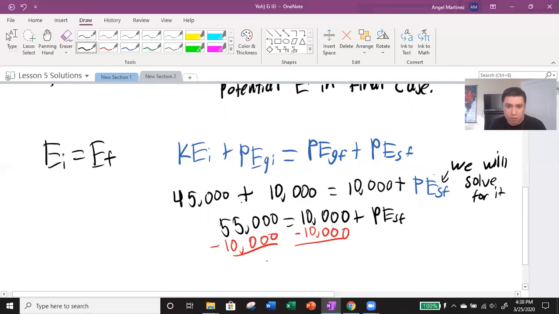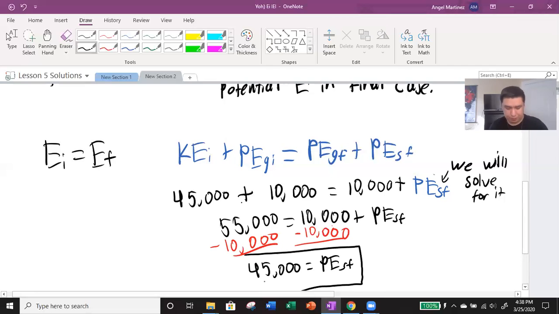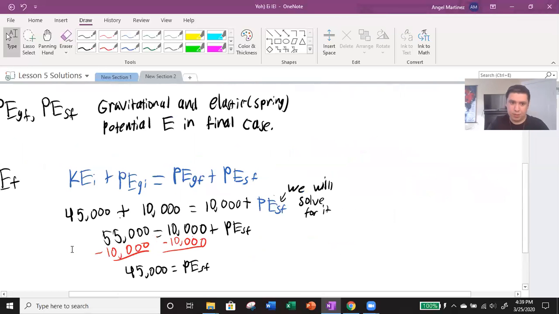That means 45,000 must be what our elastic energy is for the final case. Sorry about this.